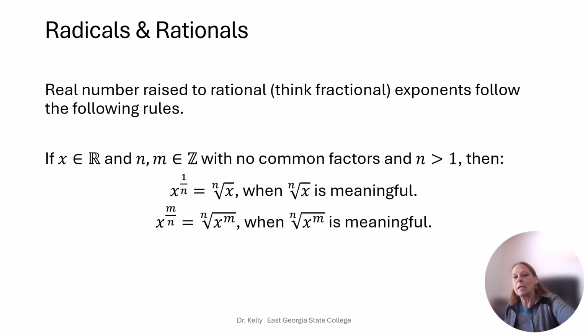And then again, this other one, x to the m over n is equal to the nth root of x to the m. Now, what I usually show my students in algebra, a way to remember this, is I say that it is in the form of x to the power over index.